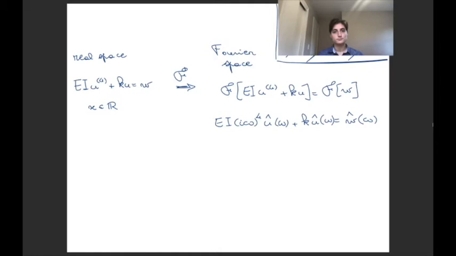I have replaced the transform of u by u hat, because I applied the Fourier transform, and w by w hat. Then I can solve explicitly for u hat. It's 1 over (EI omega to the fourth plus k) times w hat. And now I apply the inverse Fourier transform.